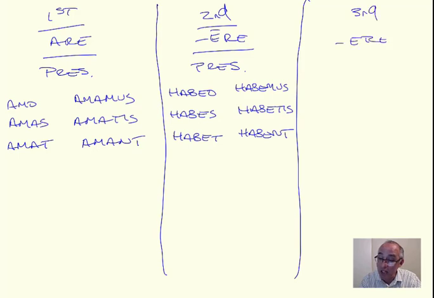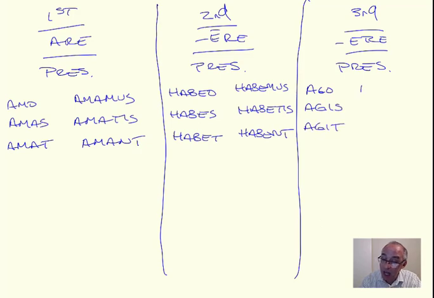The hallmark is an -ere, but in the present tense, let's go ago. Ago, agis, agit, agimus, agitis, agunt.